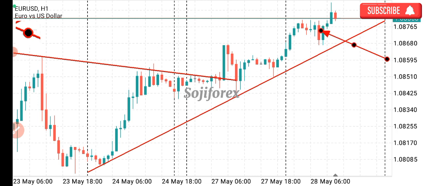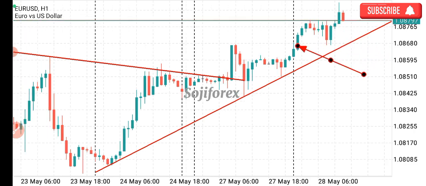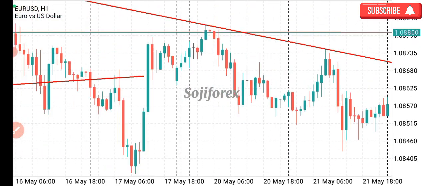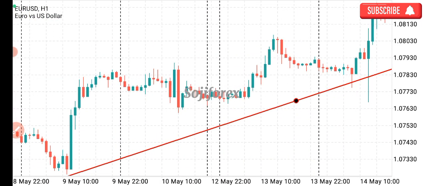So we will be looking forward for a bullish pin bar, a bearish pin bar, or an engulfing candlestick pattern. These are the most valid and effective candlesticks when you want to trade your trend line strategy.